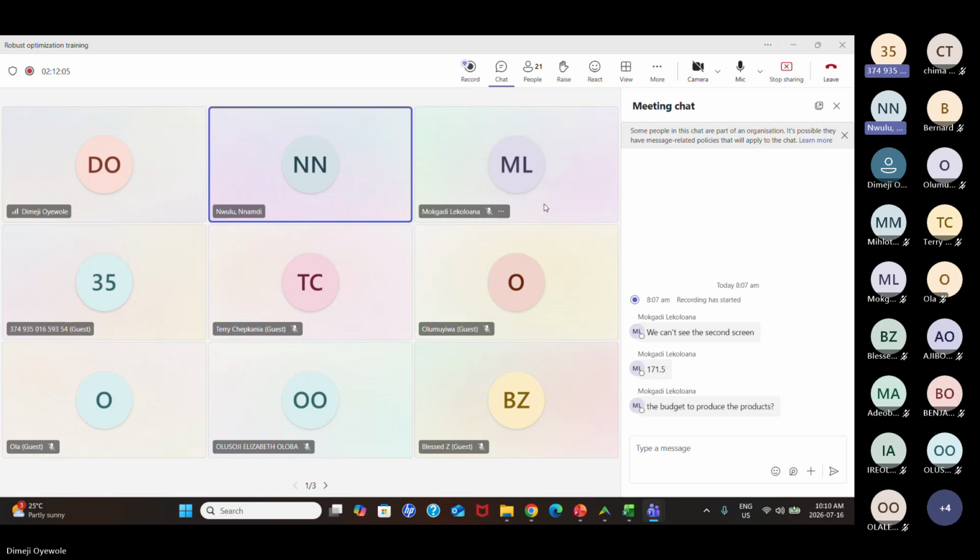However, you can conceptually merge both, right? But in that case, you're going to change the boundary of your uncertainty set. And I think that's what Dr. Oladimeji said.